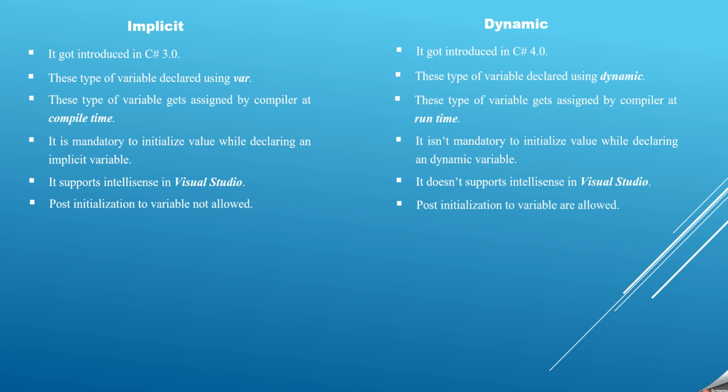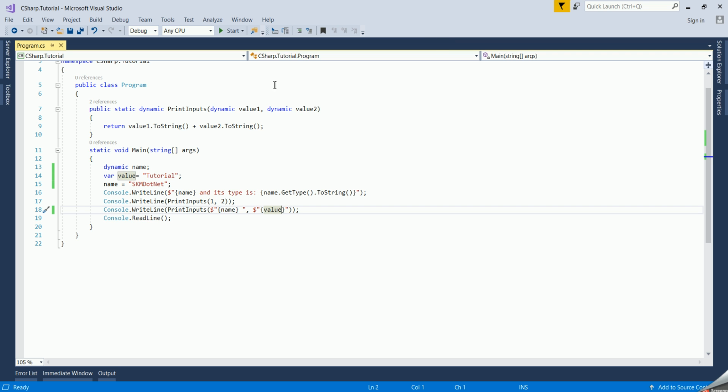And here, post initialization is allowed: with an implicit variable, once you declare it, you have to initialize it at the time of declaration itself, whereas in the case of dynamic, you can initialize even after declaring a variable. We just saw this in this example. At the time of declaration, it doesn't allow post initialization.